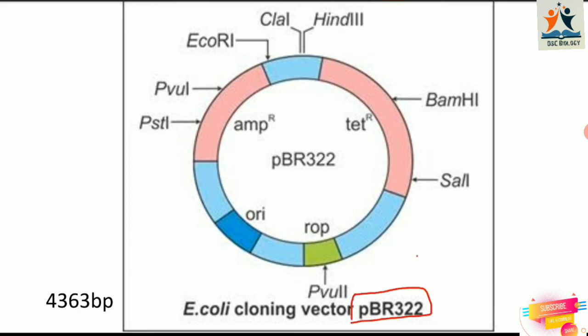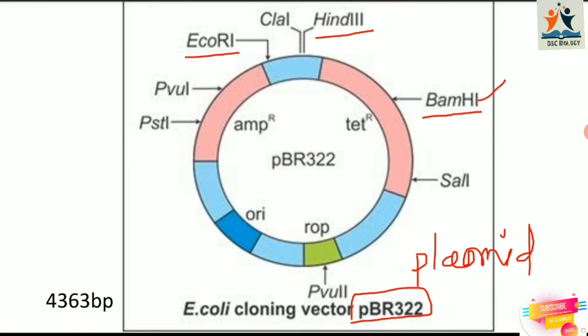So our first vector is pBR322, which is a plasmid. It has BamHI, HindIII, and EcoRI, which are restriction sites. Next are AmpR and TetR, which are antibiotic resistance genes, that is, marker genes. It also has an origin of replication.